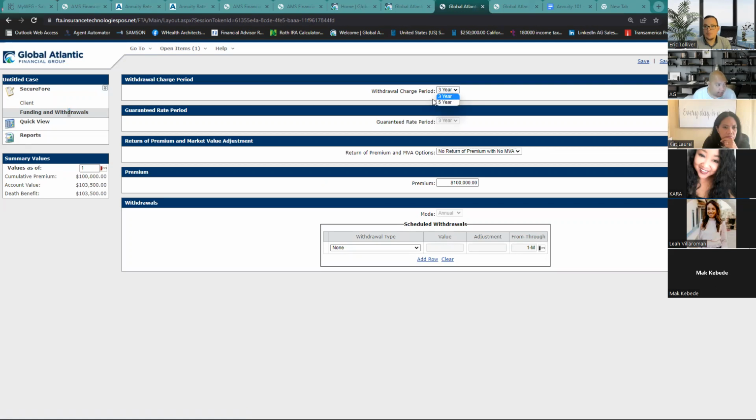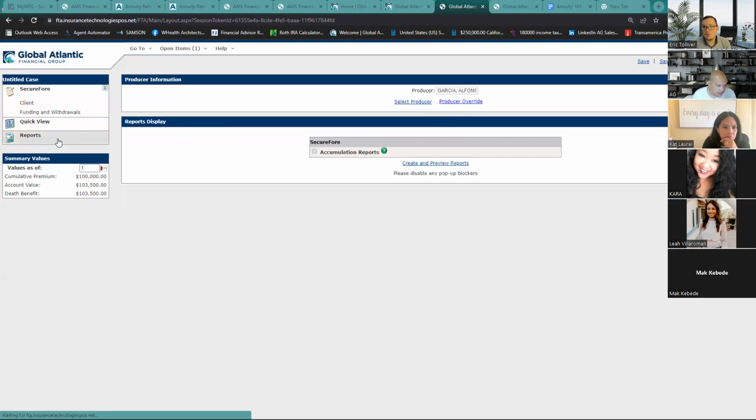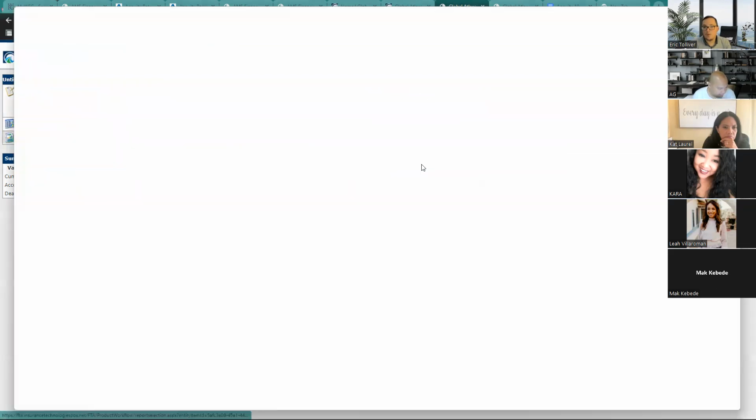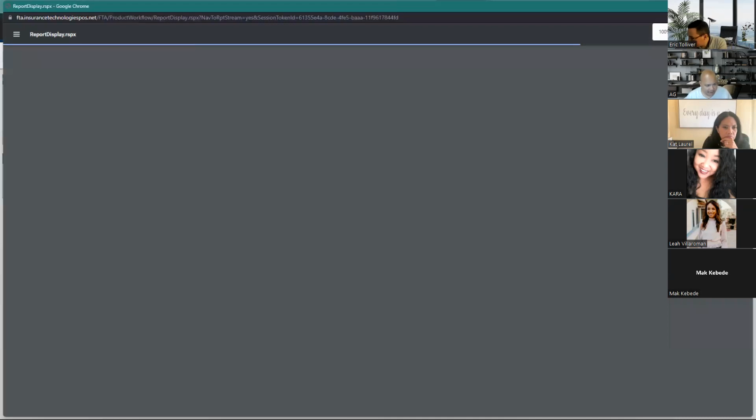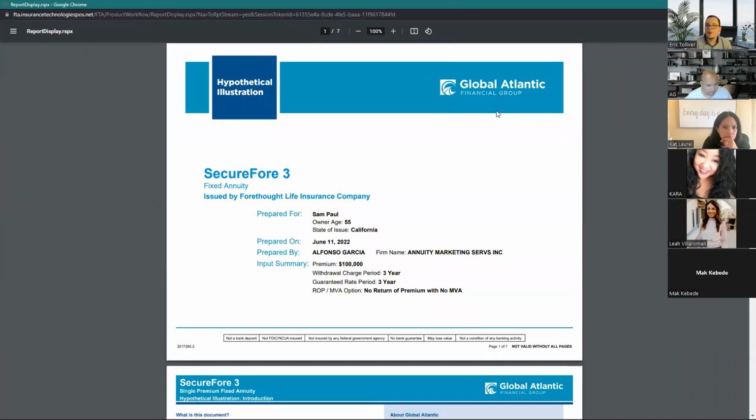It can be a 3-year window or a 5-year window. Let's say it's a 3-year window, because he wants to keep his money accessible. So this is a 3-year annuity, the shortest of its kind. It's like a 3-year CD, and it's 100,000 over here.